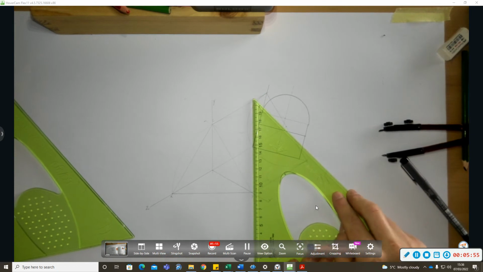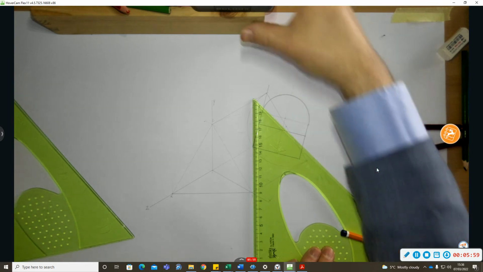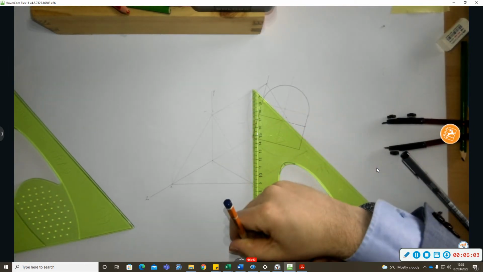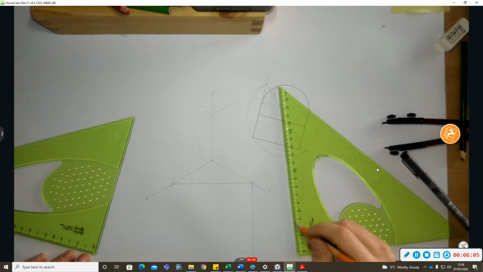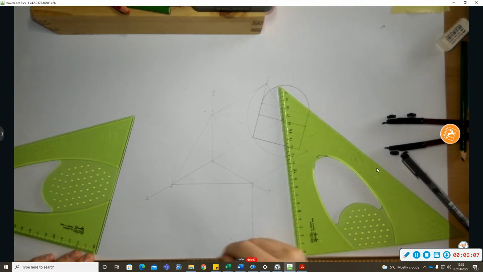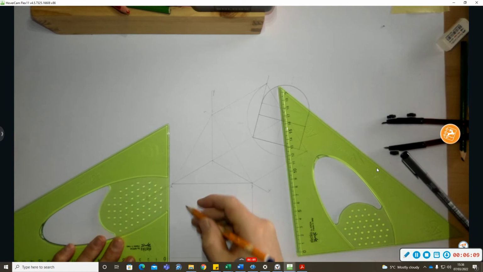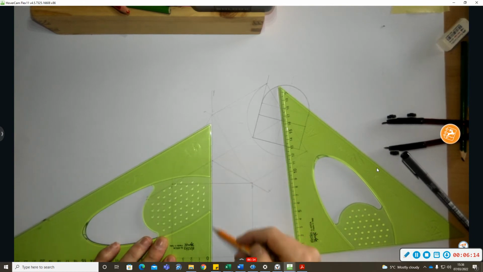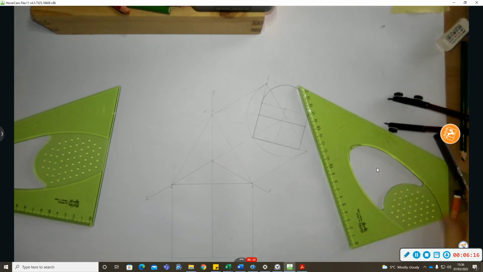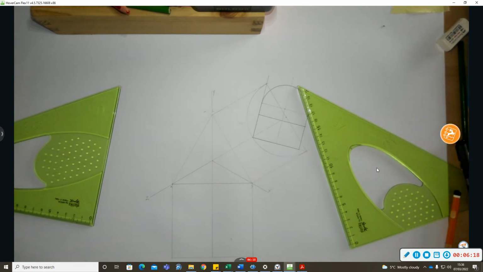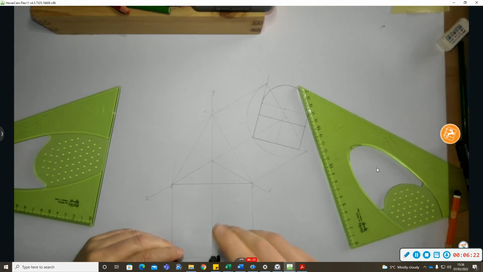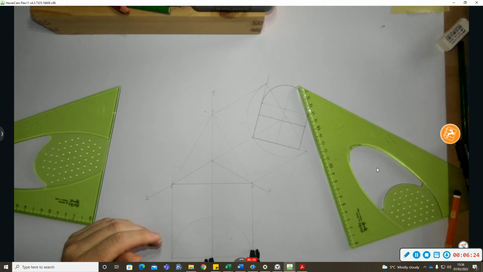So I'm going to drop down 90. Going to go across then. Going to drop down here. Going to take my compass, draw in my semicircle.